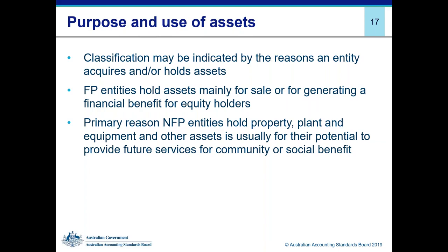Some examples: they may hold assets that contribute to the historical and cultural character of a nation or region, or may be responsible for national parkland. In those situations, those historical items and land are not held for sale.